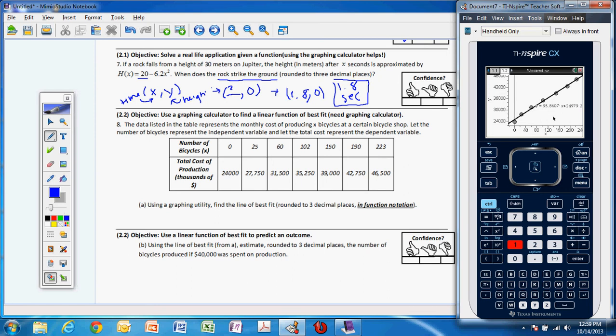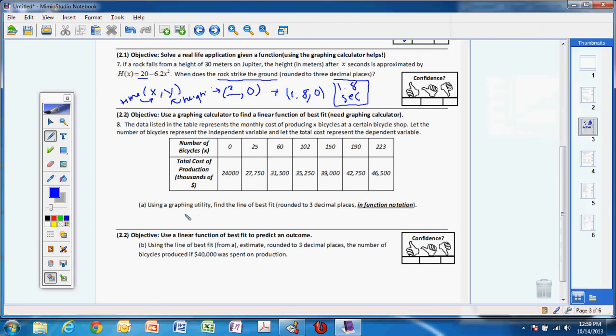So that is the equation or line of best fit through all the data. For letter A, all we're going to do is type that in. In this case, remember we have to do it in function notation.